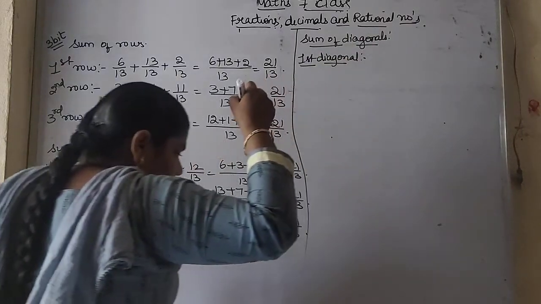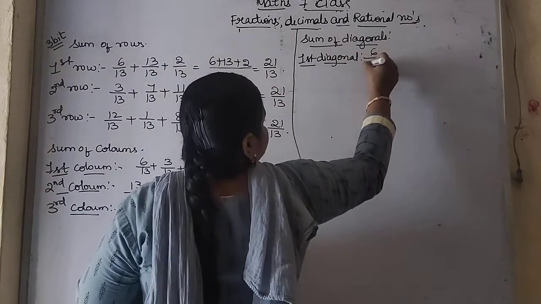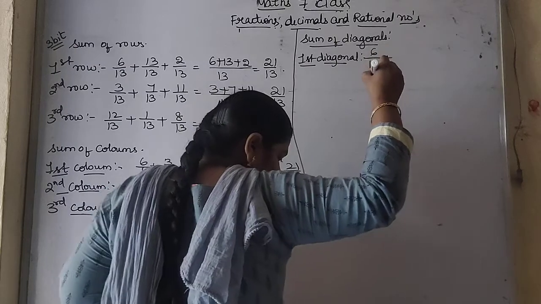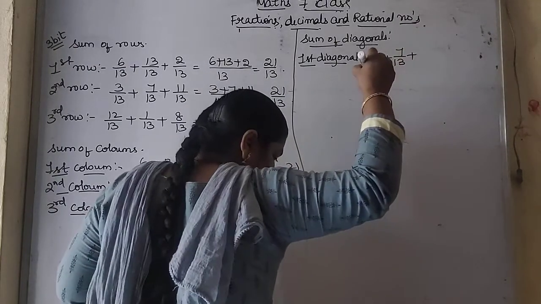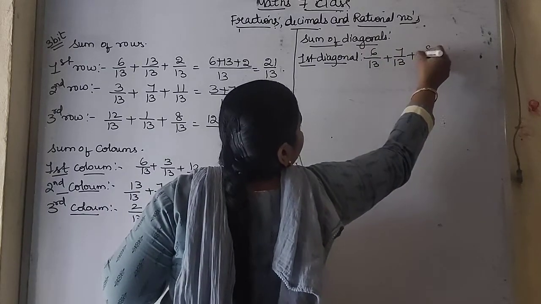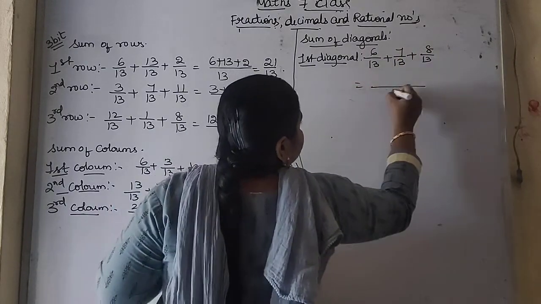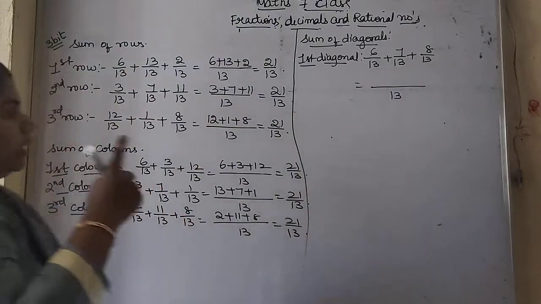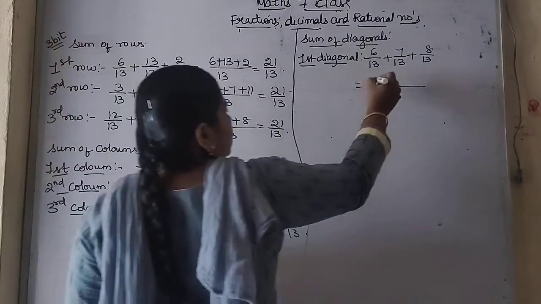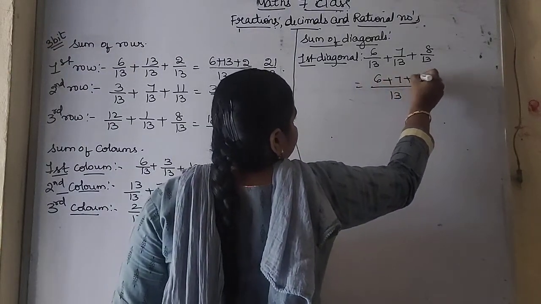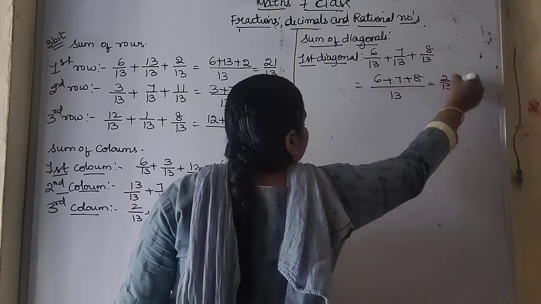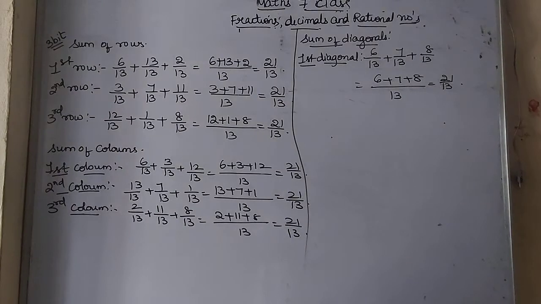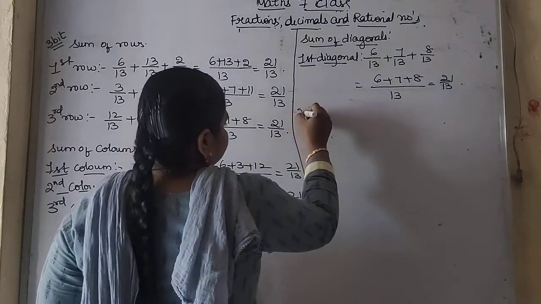So what is first diagonal? 6 by 13 plus 7 by 13 plus 8 by 13. So all the denominators are equal, so it will be 13 only. Add the numerator values. So 6 plus 7 plus 8 will be equals to 21 by 13. So now we have to check for the second diagonal.